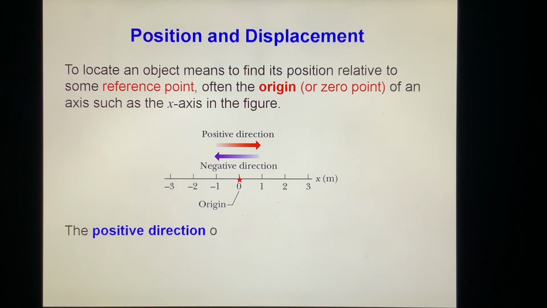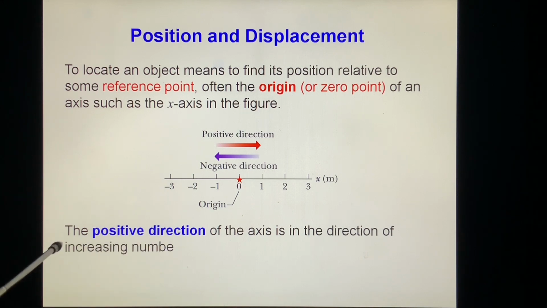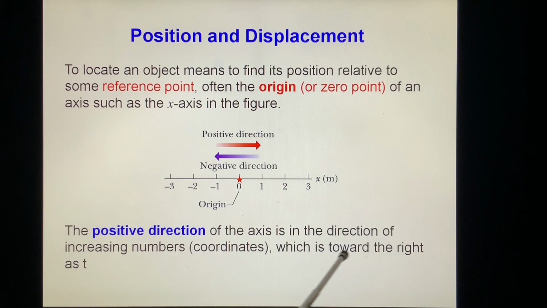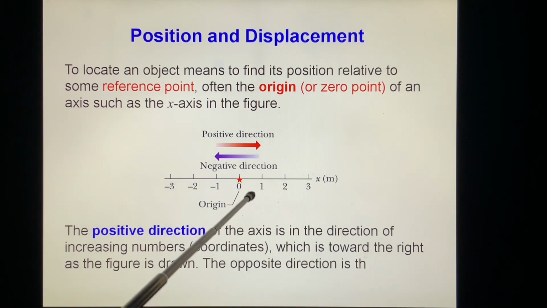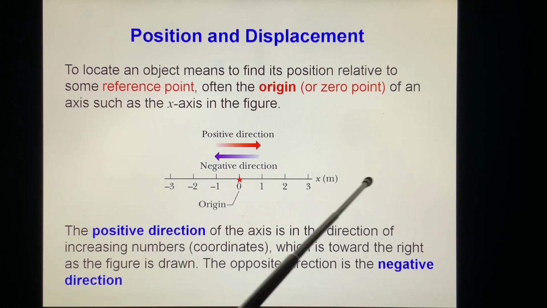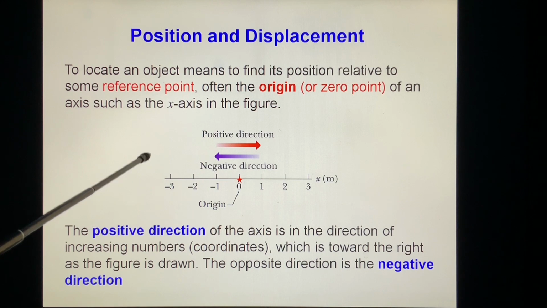The positive direction of the axis is in the direction of increasing coordinate numbers, which is towards the right as the figure is drawn. In this case, 1, 2, 3 is the increasing direction. It's the positive direction, okay? The opposite direction is the negative direction. This is the negative direction.